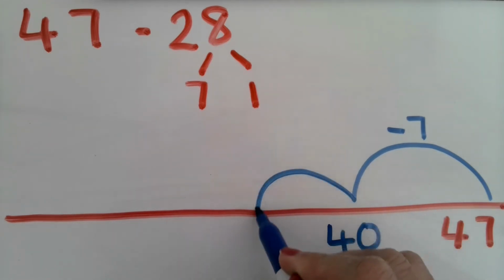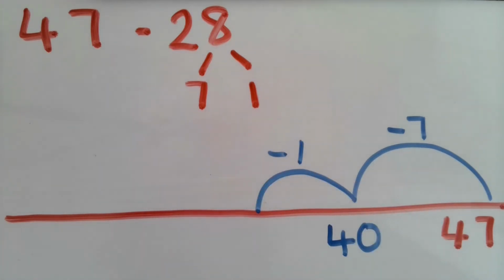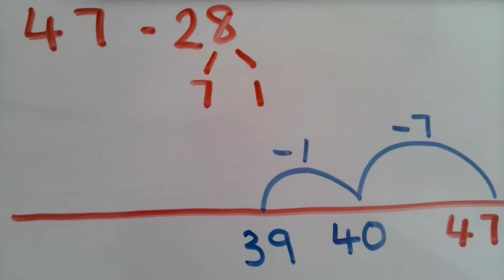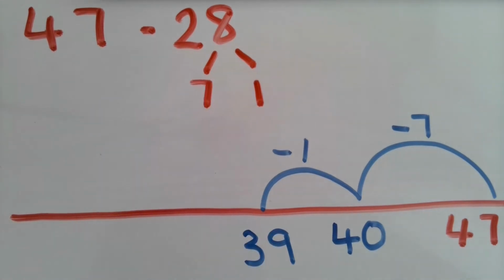I'm then going to take away my 1 so that I can take away 8 altogether. I know that 10 take away 1 is 9, so 40 take away 1 must be 39.